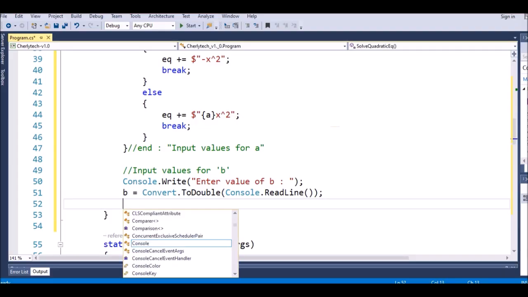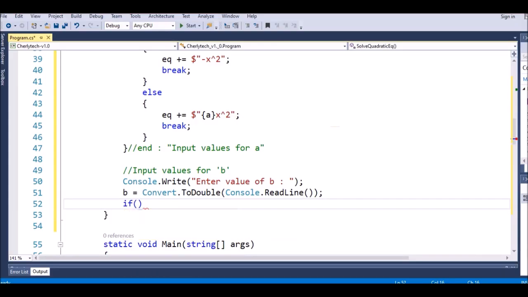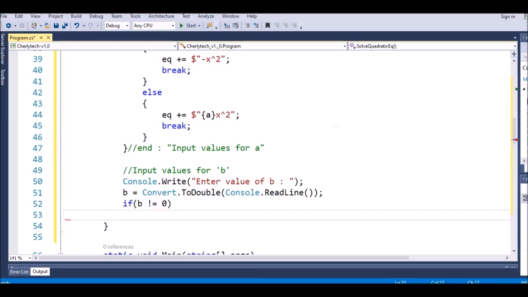If B is not 0, then the equation will be EQ plus equal, and in here we will open this one.